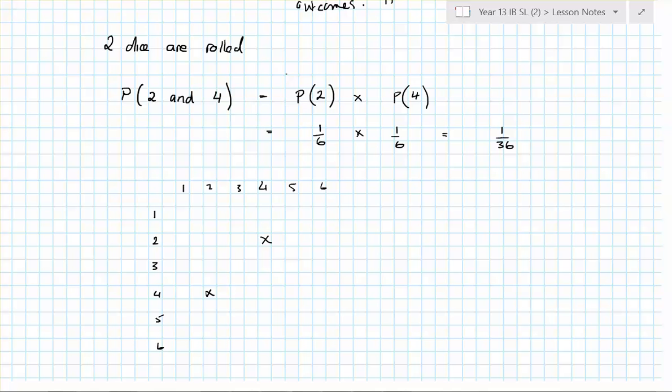That makes it 2 out of 36, not 1 out of 6. Oh, isn't this, it can be either, first it can be 2, or first can be 4, and then the second dice can be 2 or 4. Yeah. So we have to add the same thing again. So if we add P of 2 times P of 4 plus P of 4 times P of 2.